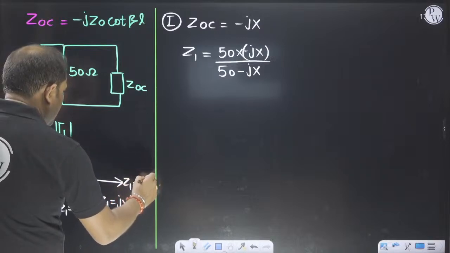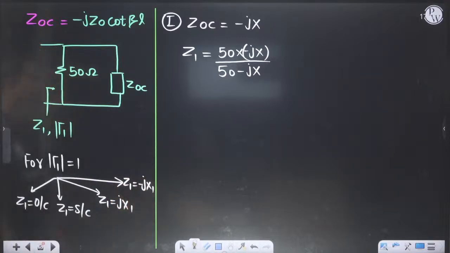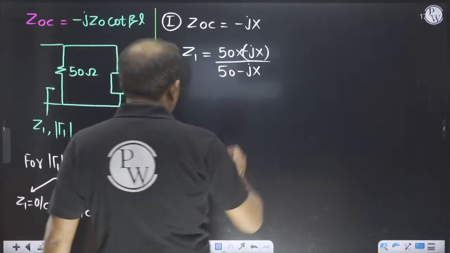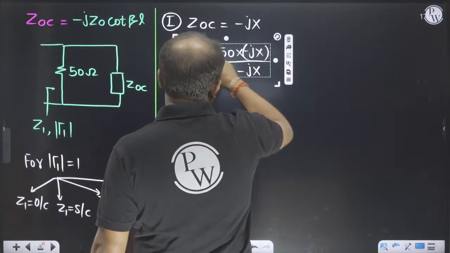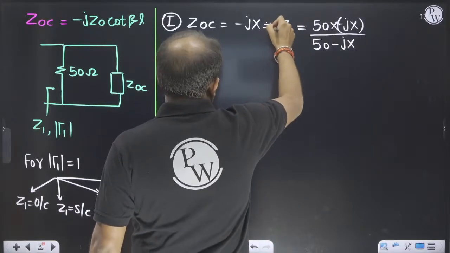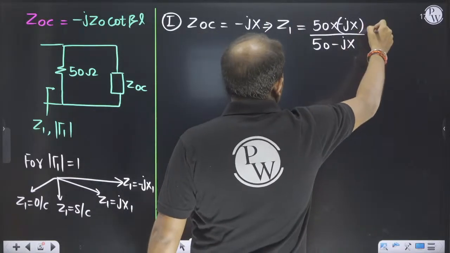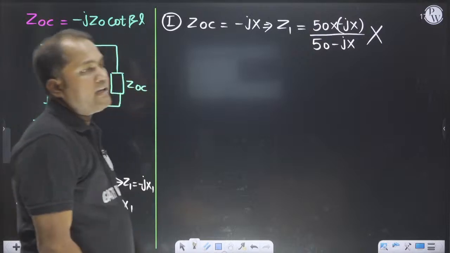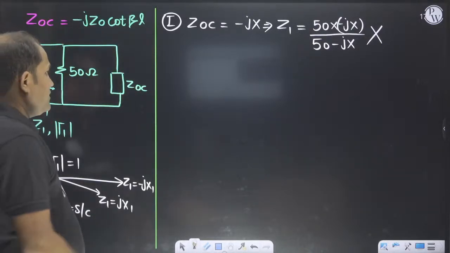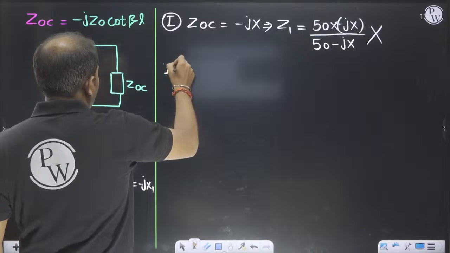Z1 will be minus Jx1. So I will ask what is the value of Zin. So Zin is not open circuit, not short circuit, not purely inductive, not purely capacitive. So it is not our condition which we want to meet. So first case is over.